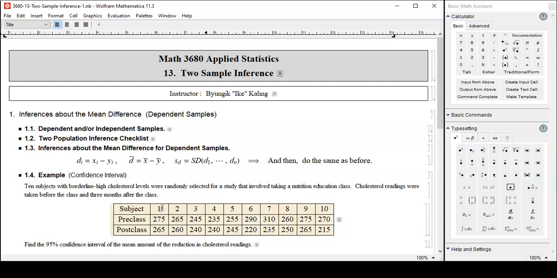For patient number one, before class 275, after class 265, we have moderate reduction in cholesterol level. And subject number 4, for example, apparently this class didn't work, 235 and increased to 240. But for some people it worked out pretty well, like number 7, 310 down to 235. Number 6, 290 to 220, things like these.